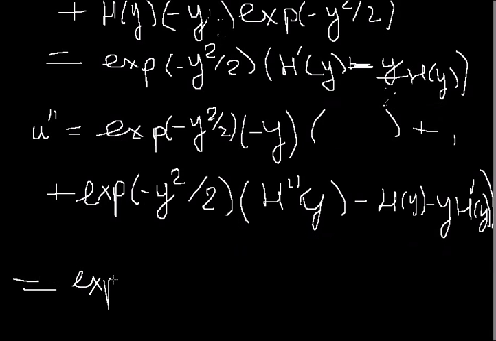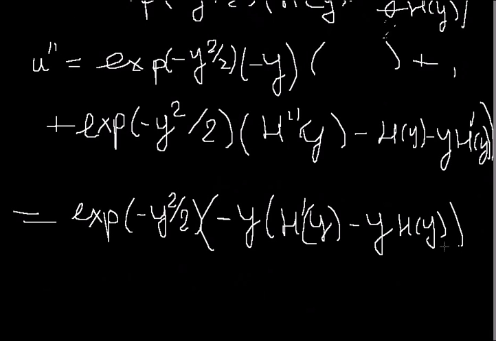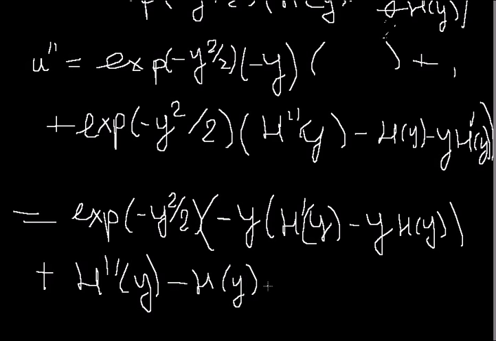Then it can be rewritten in the following form: exponent minus y squared 2, minus y h from y, minus y h from y, plus a second derivative from h, minus h from y, minus y h first derivative from y.